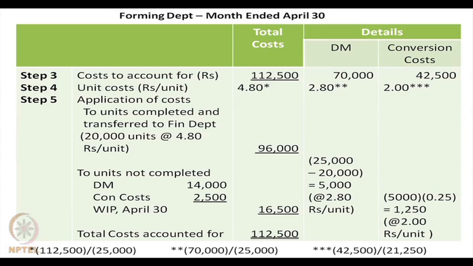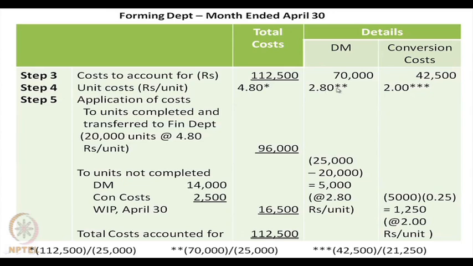Now, from this figure and from the knowledge of how many units received the direct material cost, which was received by all the 25,000, the unit cost as far as the direct material is concerned is 70,000 divided by 25,000.